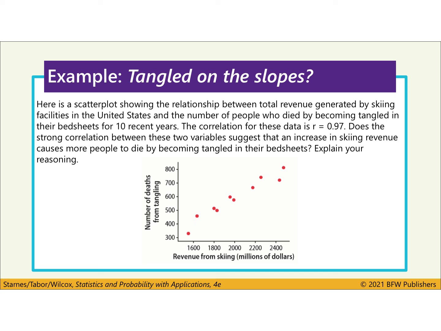Does that strong correlation between these two variables suggest that an increase in skiing revenue causes people to die by becoming tangled in their bed sheets? No. No, that would be totally silly. Don't go skiing. You might get tangled in your bed sheets. Right? So here's an example of two totally random things put onto a graph together, has a strong correlation, but that definitely does not tell us that one thing causes the other.